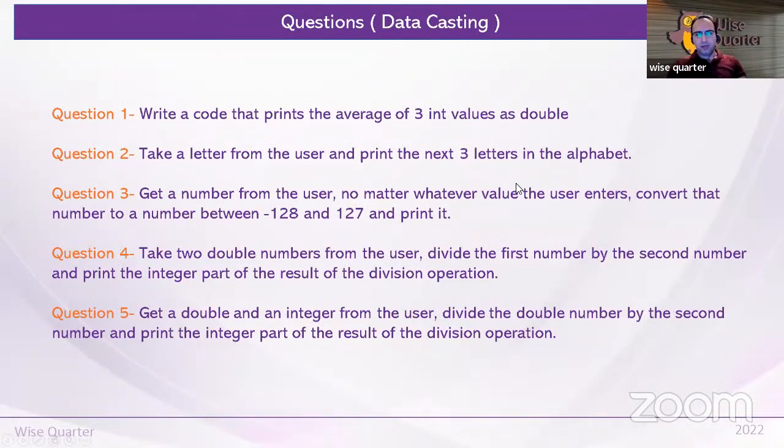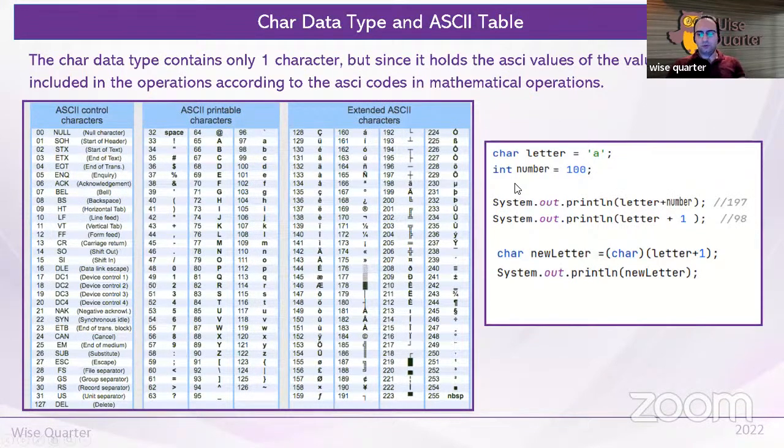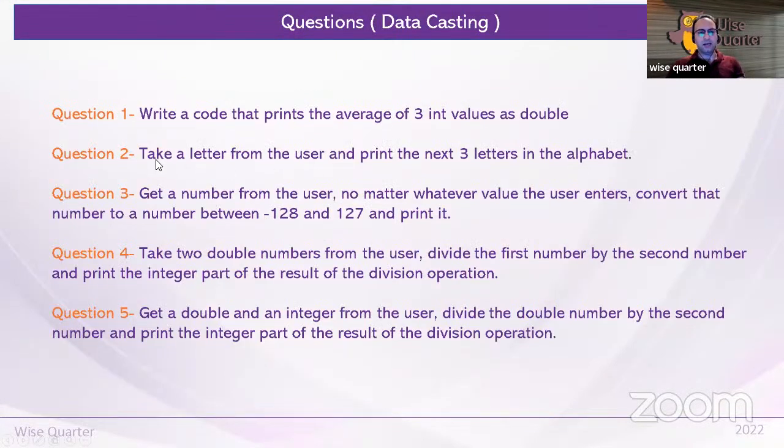Before coming here, I want to solve a question. Yes, this one. Take a letter from the user. It means Scanner, if you remember. Print the next 3 letters in the alphabet. Somehow the user will enter A and we will print BCD.